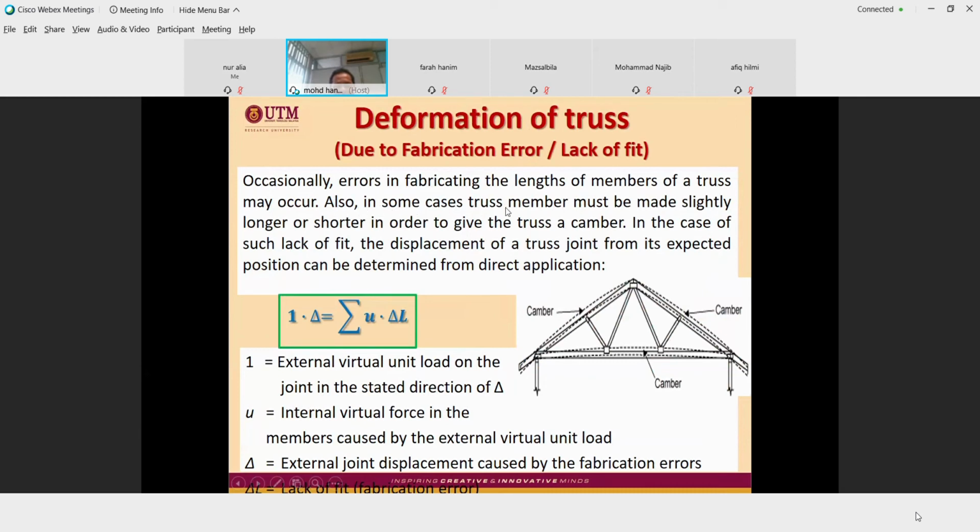Also, in some cases, truss members must be made slightly longer or shorter in order to give the truss a camber. In the case of such lack of fit, the displacement of a truss joint from its expected position can be determined from direct application. This is camber.